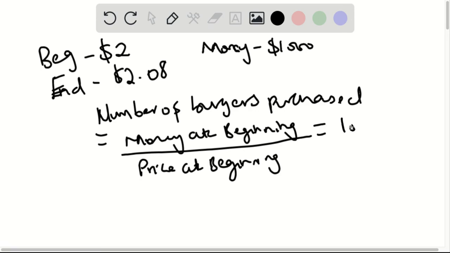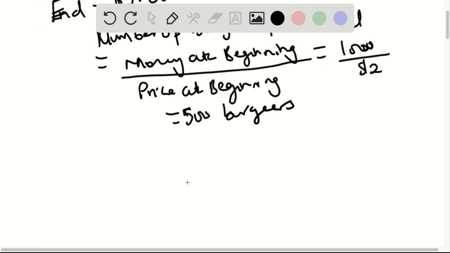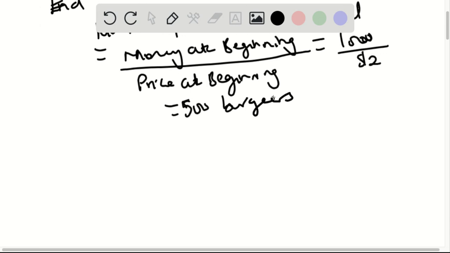So this is equal to $1,000 divided by $2, and this is equal to 500 burgers. So there are 500 burgers that were purchased.